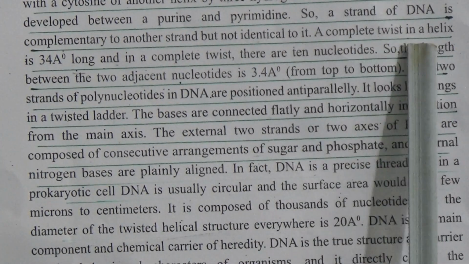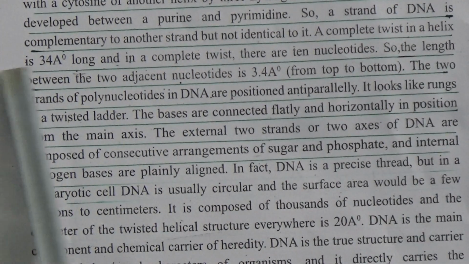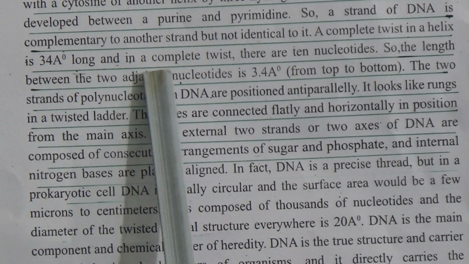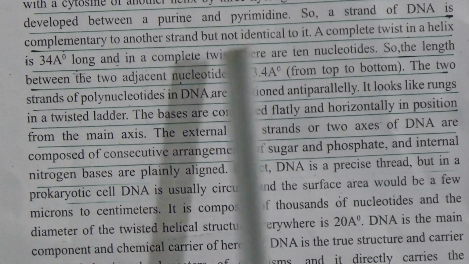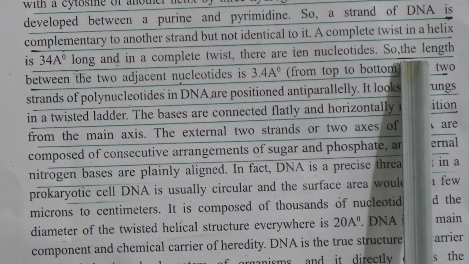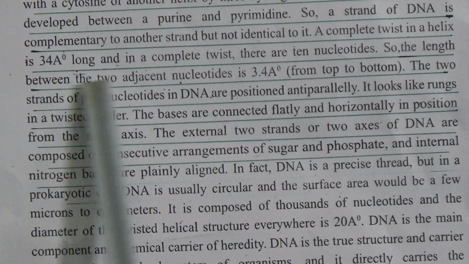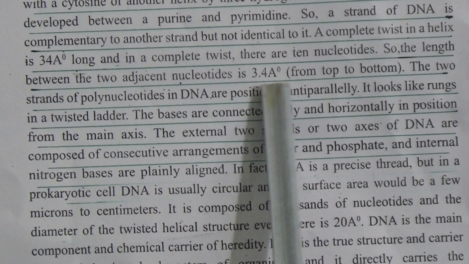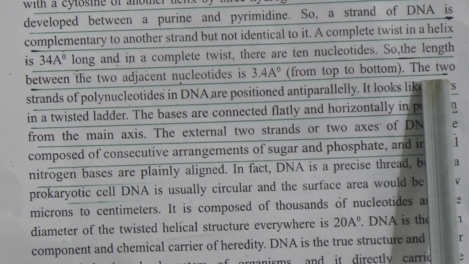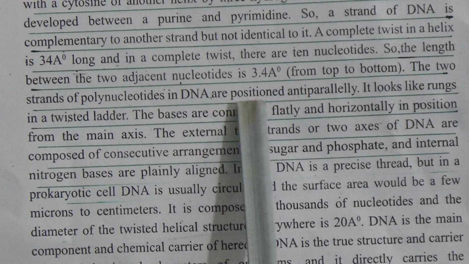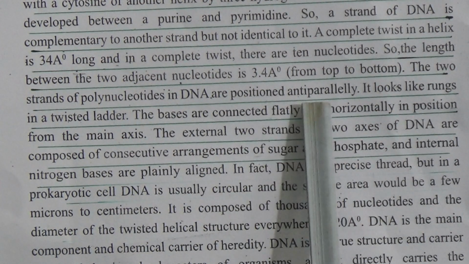A complete twist in a helix is 34 angstrom long, and in a complete twist there are 10 nucleotides. So the length between 2 adjacent nucleotides is 3.4 angstrom. The 2 strands of polynucleotides in DNA are positioned anti-parallelly.